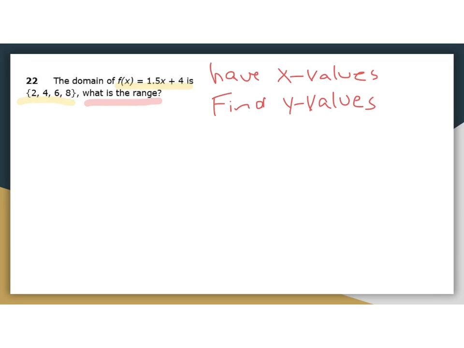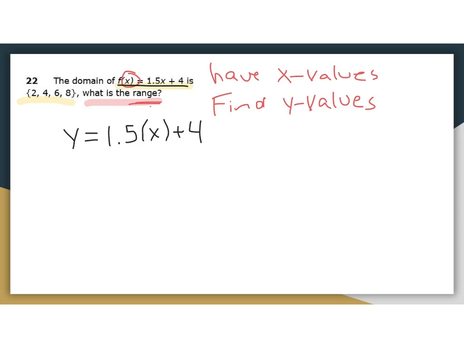And remember, your y values can go in place of f of x. F of x is the same as y. So if I take this equation, instead of f of x, I can write in y. Y is going to equal 1.5 times the x value plus 4. And so to solve this, we're going to substitute.